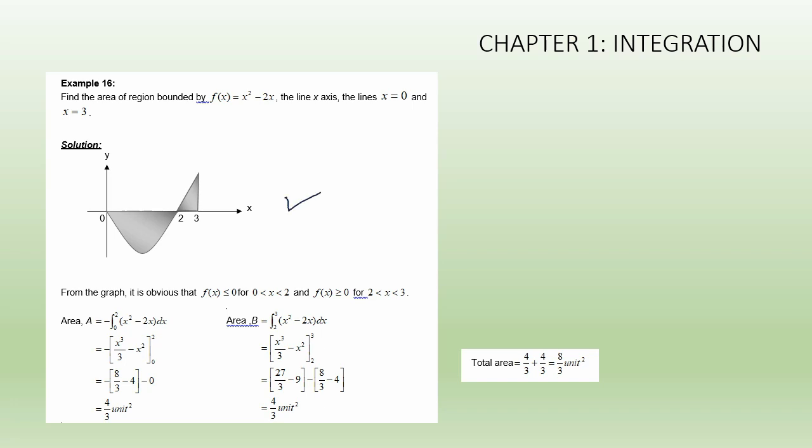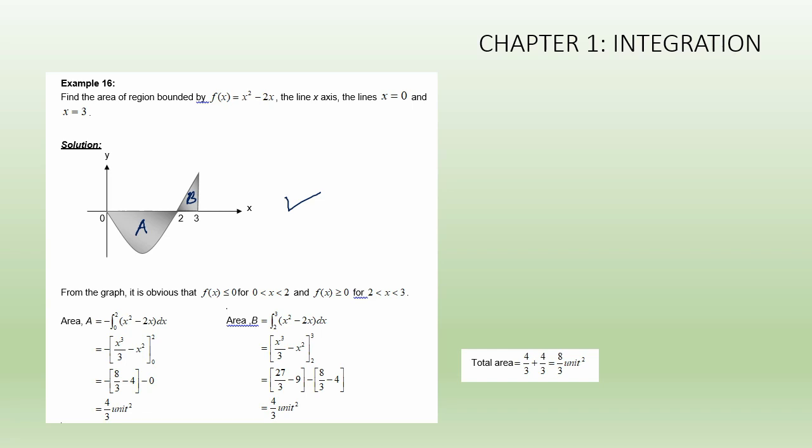From the graph, it is obvious that f(x) is negative for the interval 0 to 2 and f(x) is positive for the interval 2 to 3. We divide the area into area A and B. Since area A is under the x-axis, the area is negative.